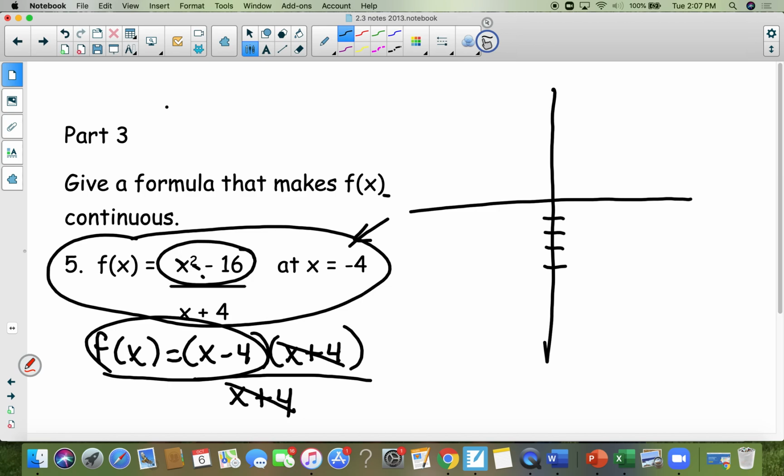Okay, but when you look at the table for this one right here, everybody look at the table for this one, specifically at -4, the table says that it's 0, but it really is undefined. There's really an open circle at this one, and on this one there's not an open circle. So it looks like this for that one, and this is shaded in for that one.